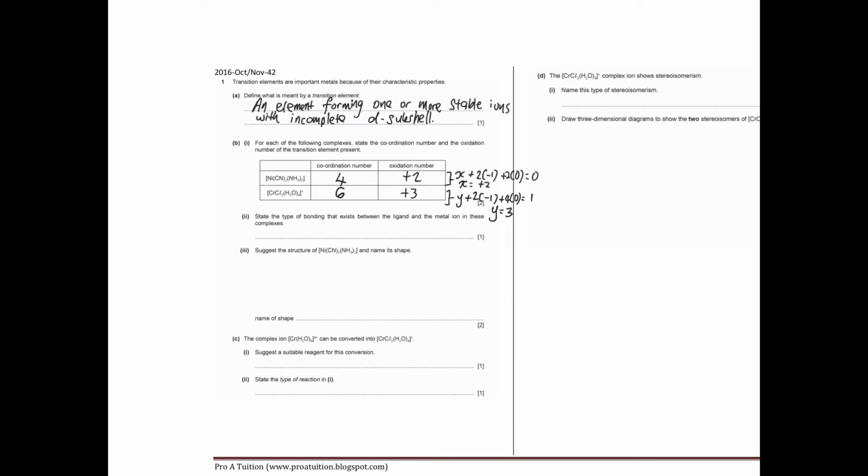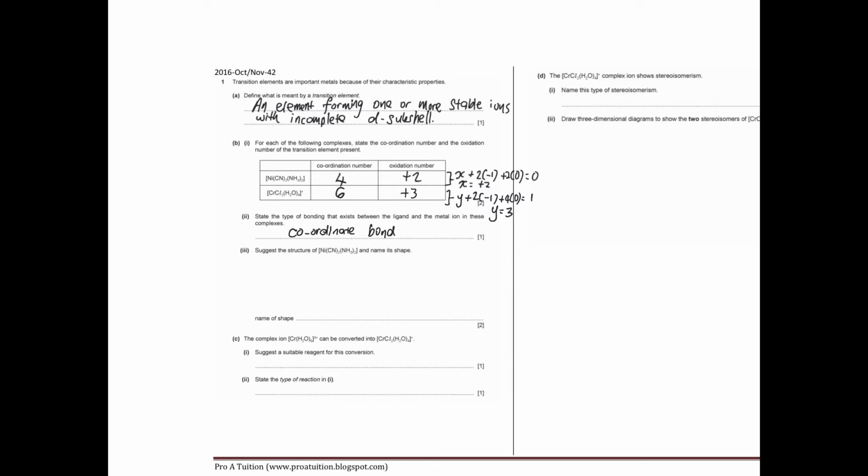Next, part 2. State the type of bonding that exists between the ligand and the metal ion in these complexes. The type of bond between ligand and metal ion is coordinate bond, or dative bond.